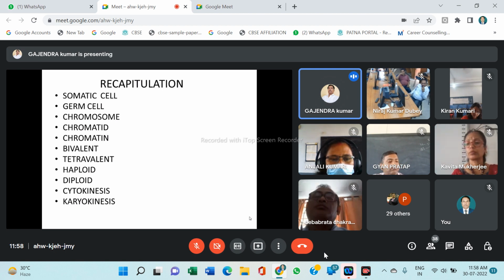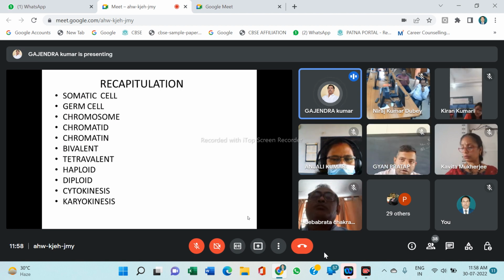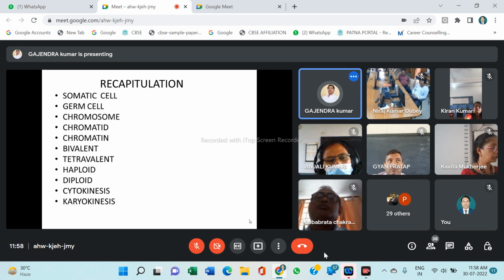Before starting the cell cycle, these terms must be clarified to the students, so that they may get acquainted with somatic cells, germ cells, chromosome, chromatin, bivalent, tetravalent, haploid, diploid, cytokinesis, karyokinesis.